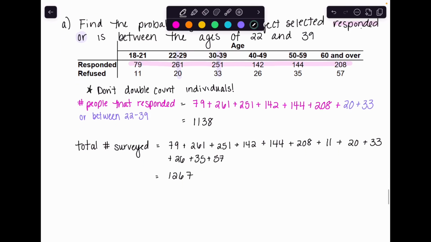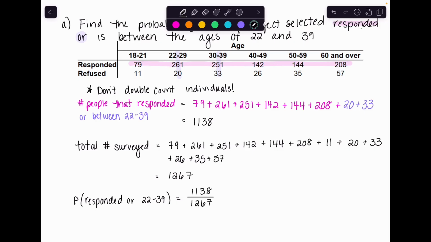So I have my number of people that make this OR event successful, and I also have my total. So my probability that the person responded or is between 22 to 39 is 1,138 out of 1,267 people.